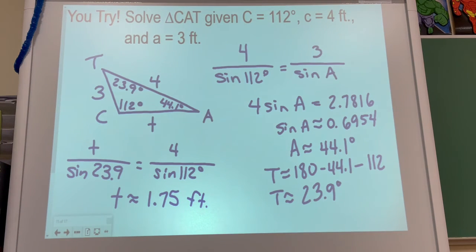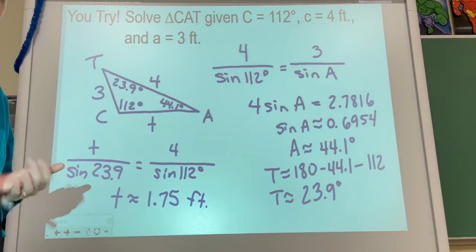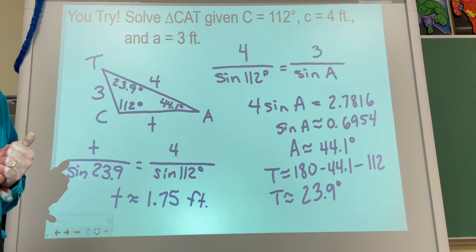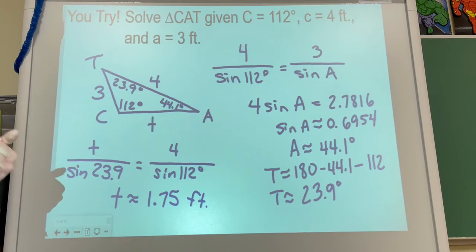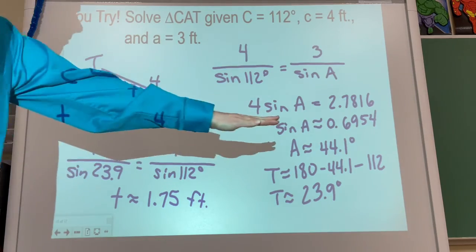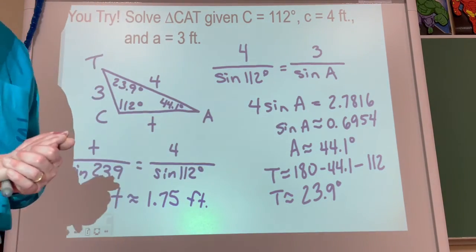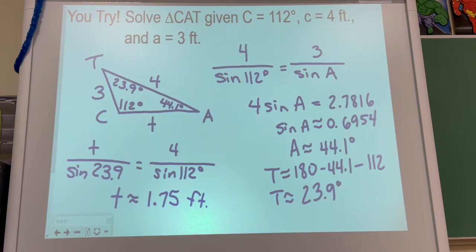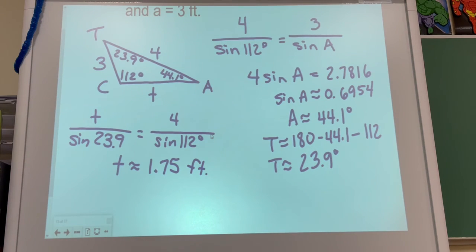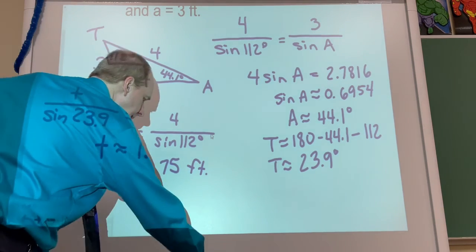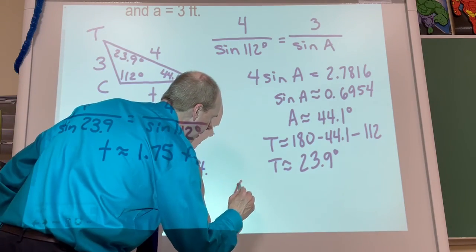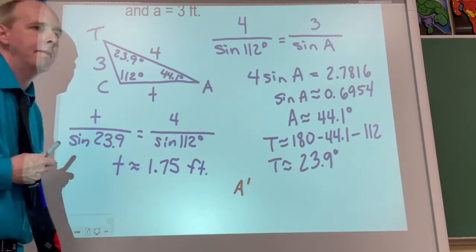So, is there a second possible case, right? The last problem, we had 2 possible cases. Let's try it. If we're going back to A, and we'll find an A prime and a T prime, let's see what happens. Okay, so A prime.